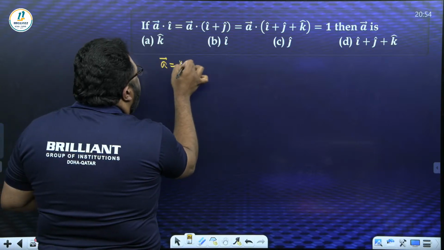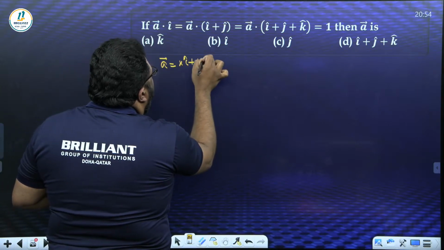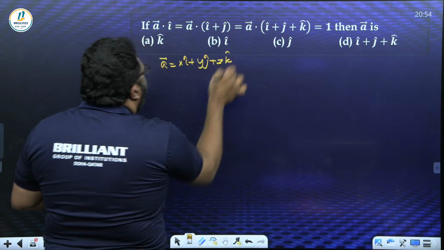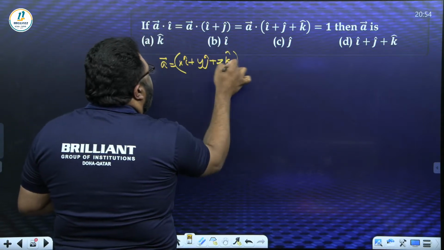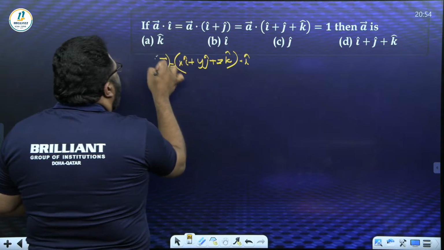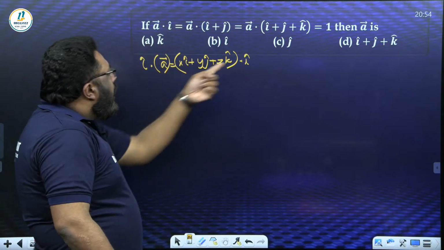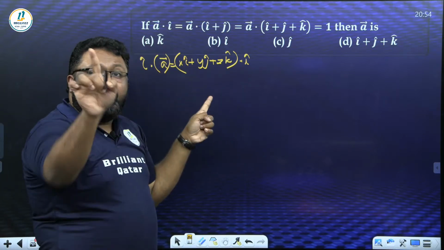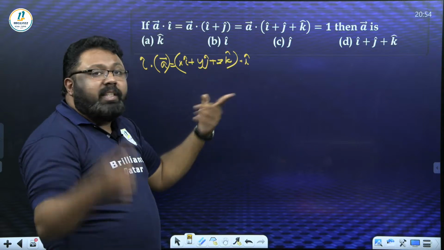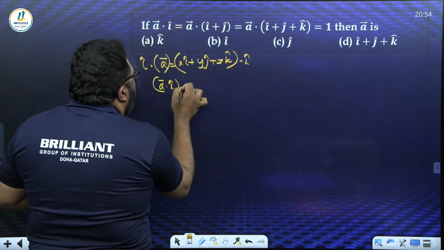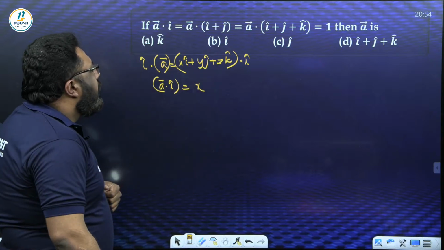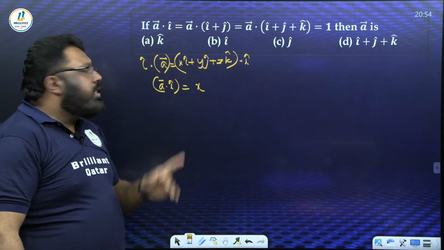I'll say A is xi plus yj plus zk, and we know that if I take the dot product, i with i is 1, i with j and i with k is 0. So I get A dot i equal to x into i dot i, which is x.